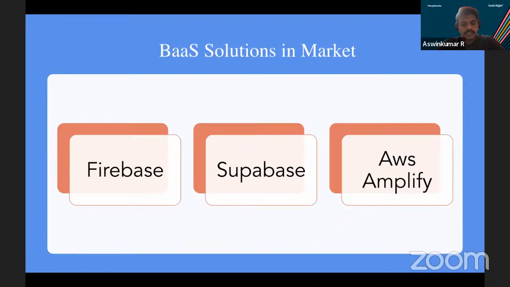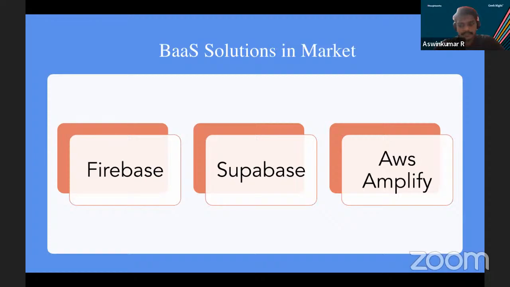It is open source, and it offers hosting, a relational database, and cloud storage. Similarly, AWS Amplify provides an SDK to develop mobile and web applications, and hosting is supported.